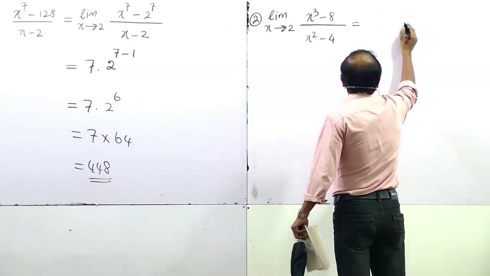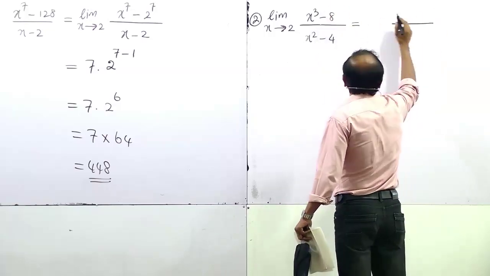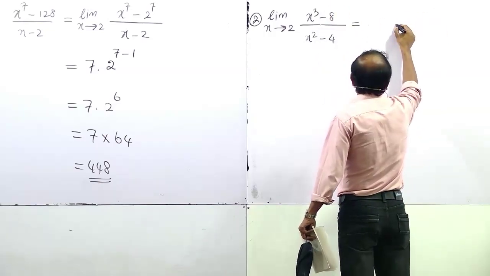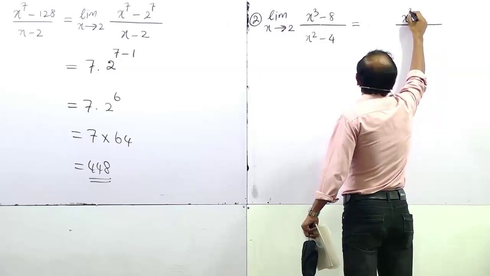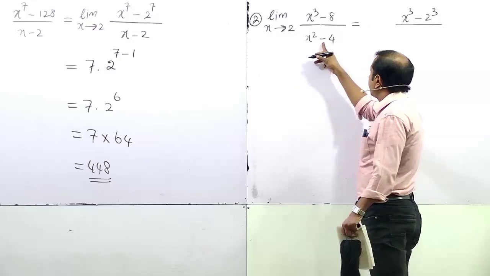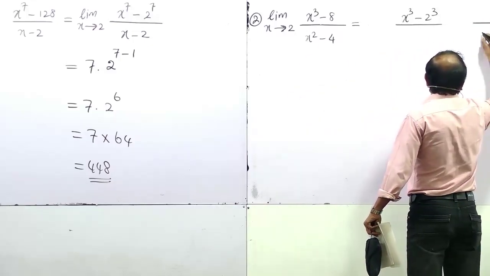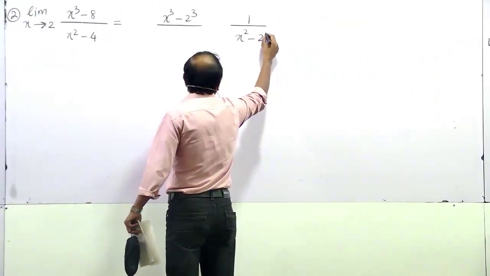I first write it like this, people. This x cube minus 8, I write like this: x cube minus 2 to the power 3. This x squared minus 4, I write like this: 1 over x squared minus 2 squared.